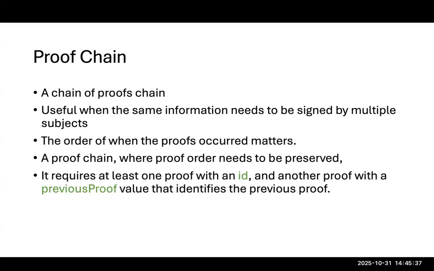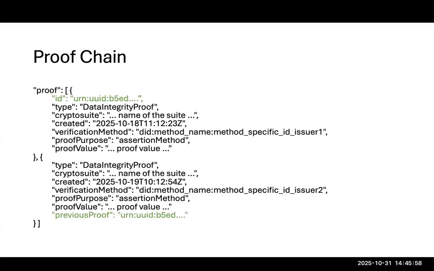It requires at least one proof with an identifier, and the following proofs use the previousProof property to reference the previous one. In this case, we use a URN as an ID in the first proof, and in the second one, we simply refer to the previous one.